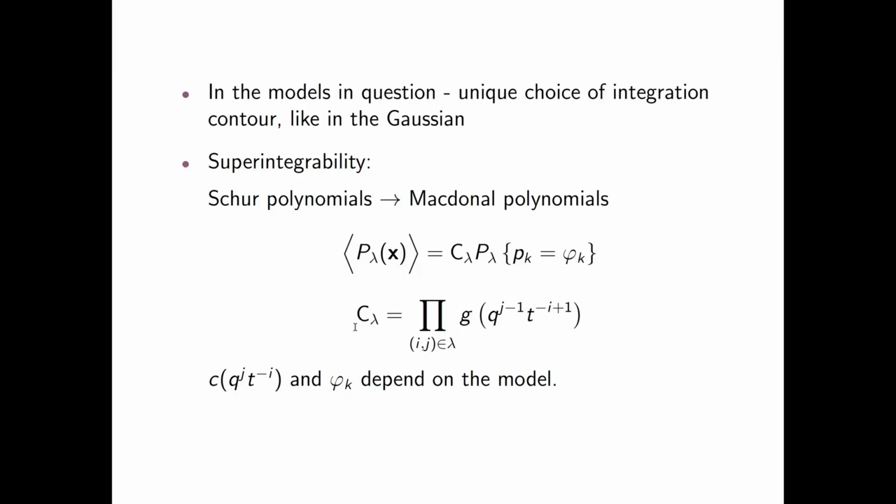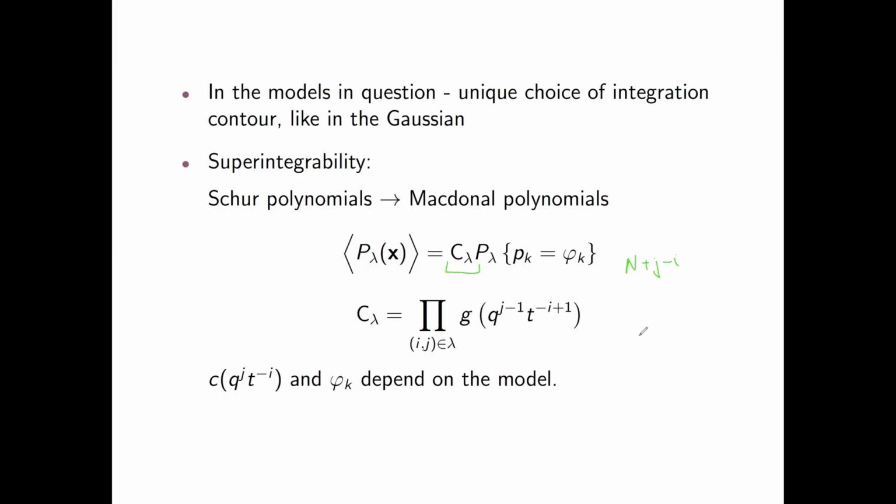So the formula now goes as follows. The expectation value of the Macdonald polynomial is given again by some kind of combinatoric factor, which corresponds to a product over all boxes of the partition lambda of some function. Before we had something like n plus j minus i in this example.